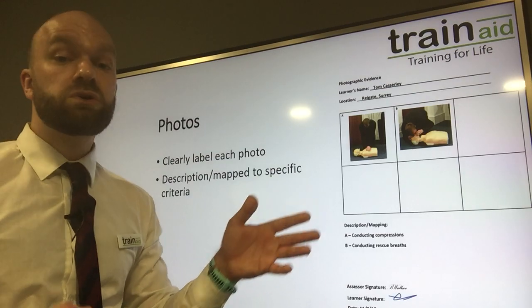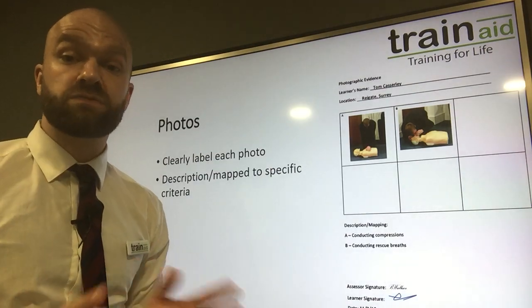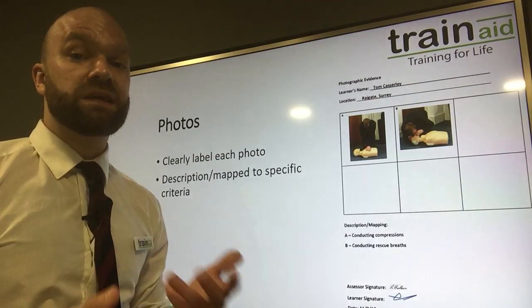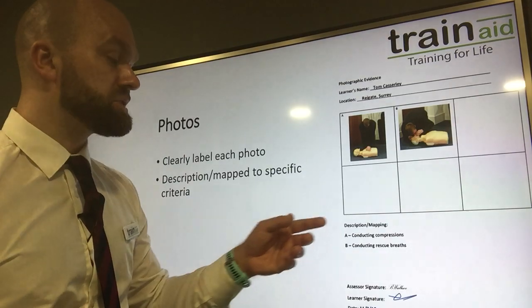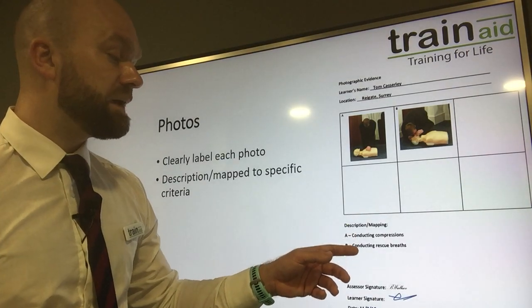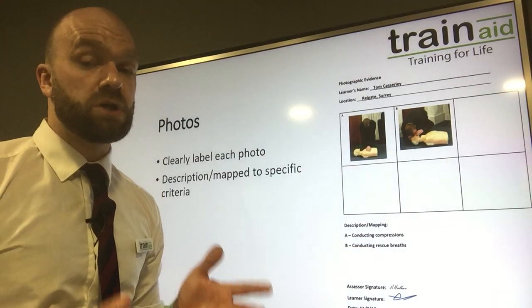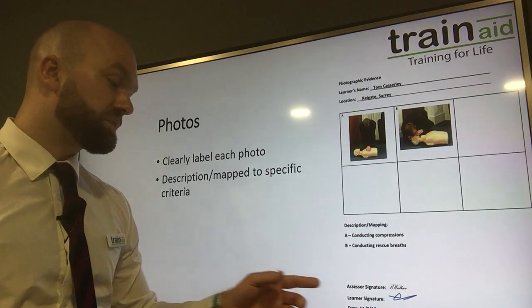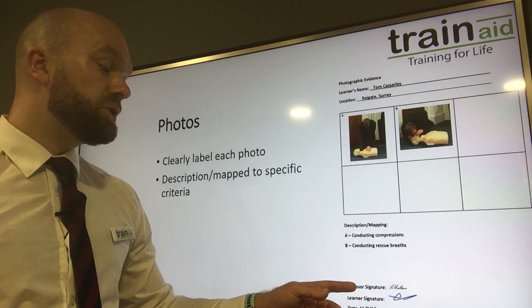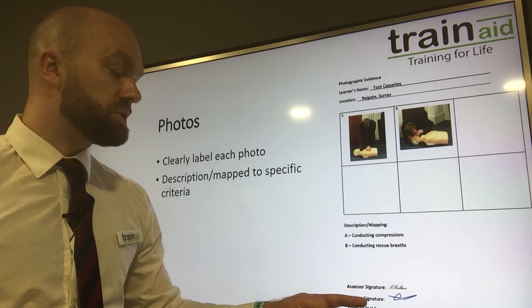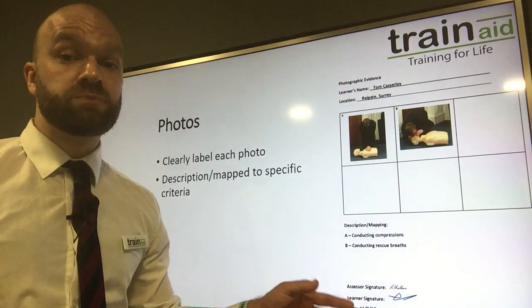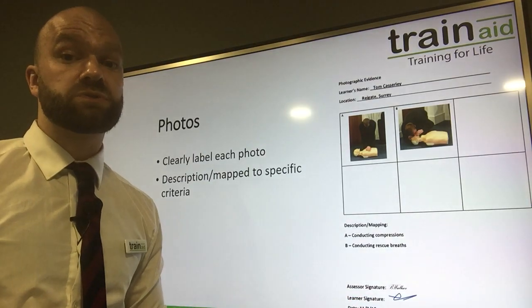So 2, 3, 4 photos is fantastic here, just to see that an assessment has taken place. We need for you to map it and just to describe what is happening within the photos relating to your assessment. Underneath, we would like for you, the assessor, to sign, and also the learner, and to put the date in of the assessment.